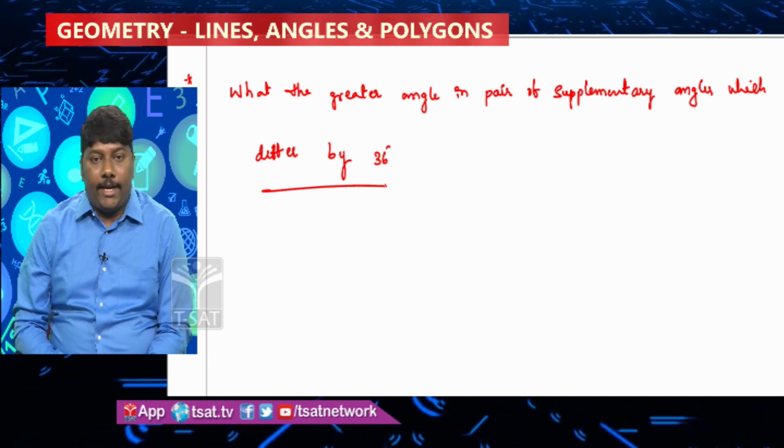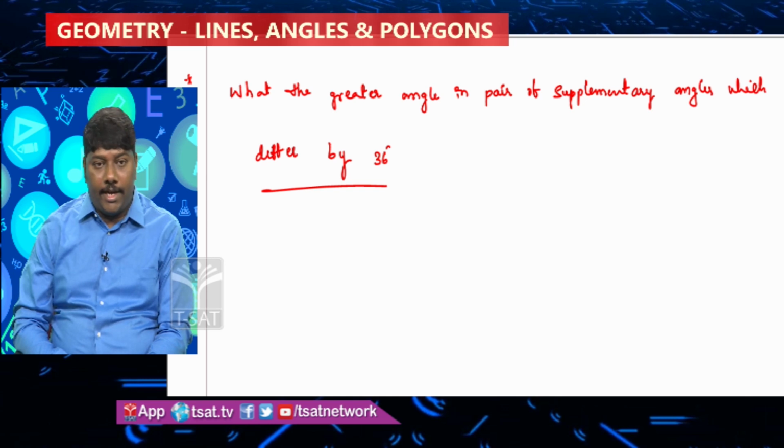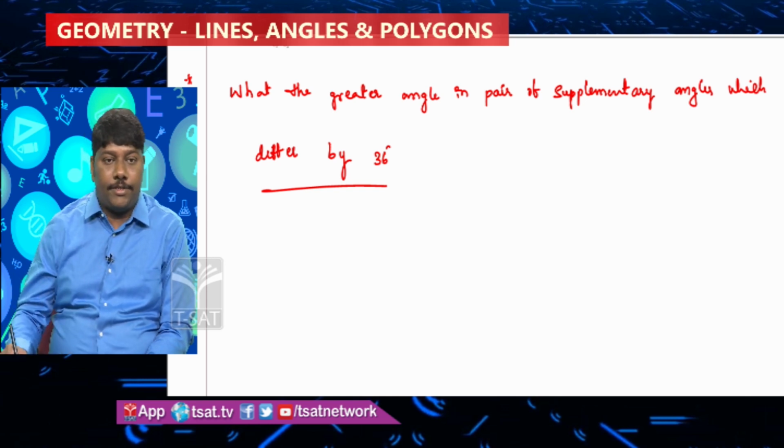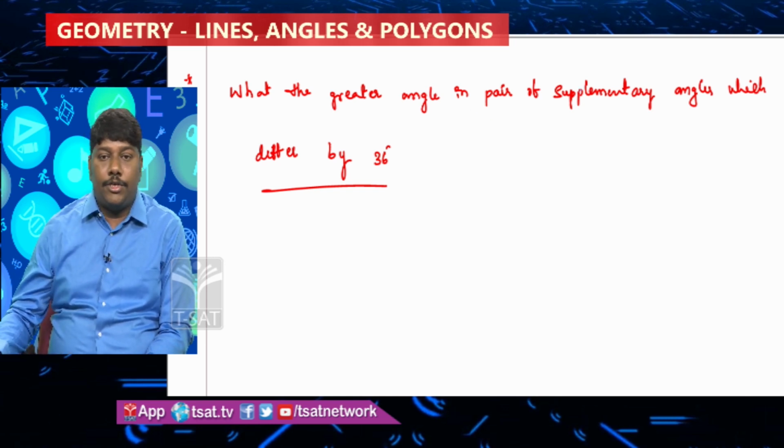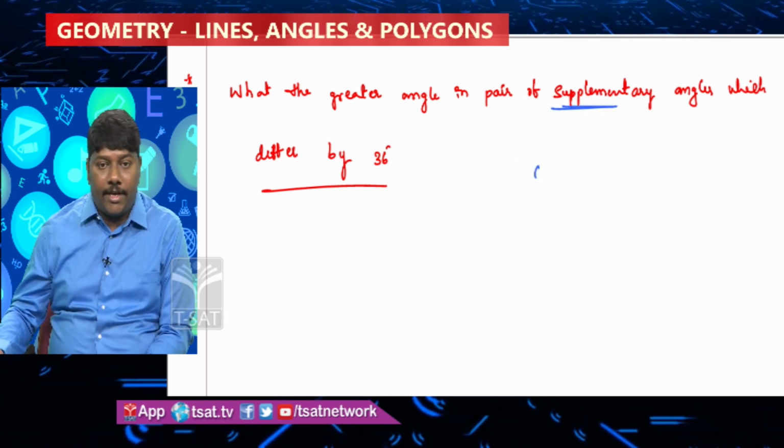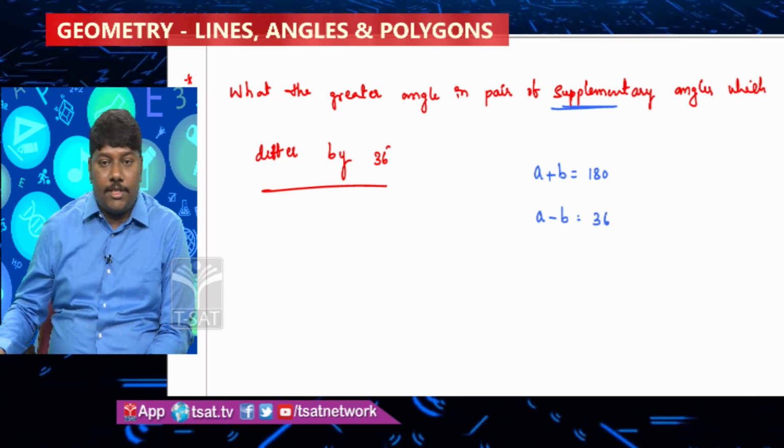I want the greater angle in a pair of supplementary angles which differ by 36. First of all, you should know what supplementary angles are. The moment I say supplementary angles, their sum is equal to 180. And I am also saying they differ, which means the difference between these angles is 36. Since I am asking you the greater angle, A is greater, B is lesser, because A minus B is equal to 36.